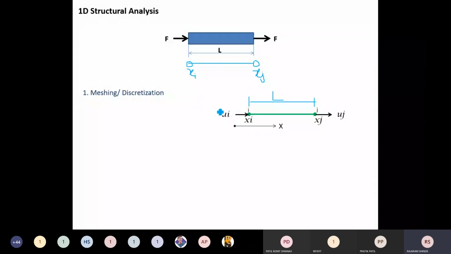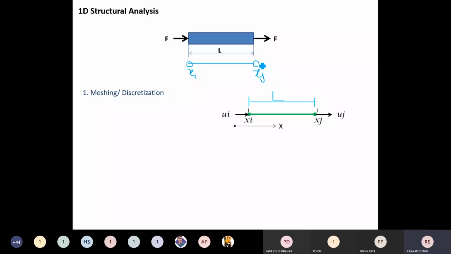Now for the initial case, for simplicity, we are assuming the displacement of node i is ui. That means when we apply the force on this structural member, we will get the displacement of node i. This node will displace from its location, and this node is also going to displace.